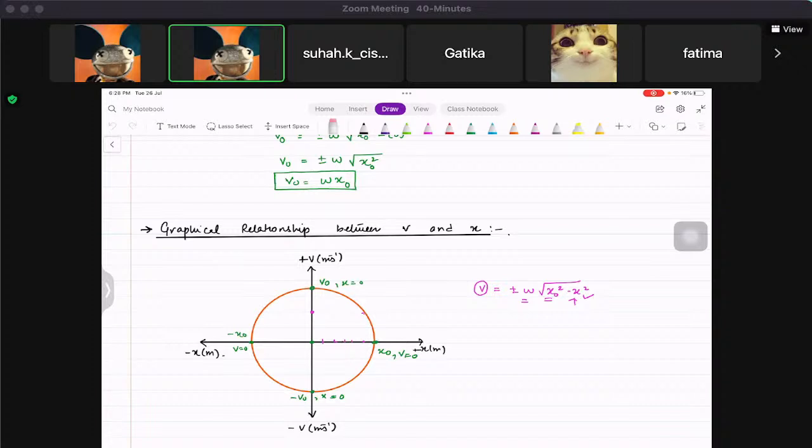Hold on, please. Putting it in. Okay, I hope it's loaded.